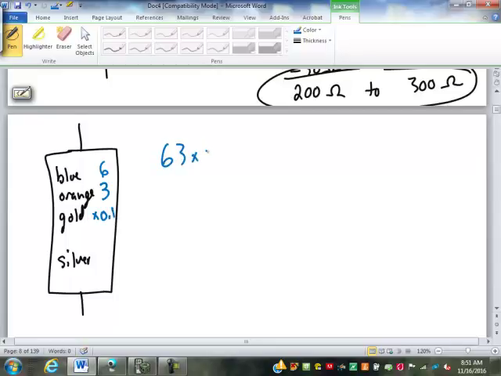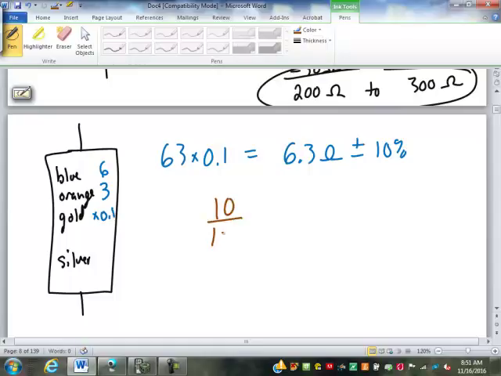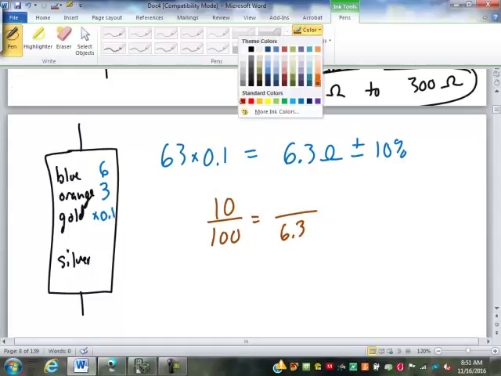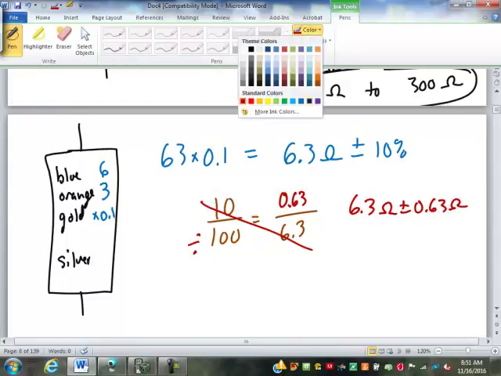So that's 63 times 0.1 or 6.3 ohms. Silver is plus or minus 10%. So we find the 10%. 10% is 10 out of 100. How much is that out of 6.3? To cross multiply and divide, we get 0.63. So that means this is 6.3 ohms plus or minus 0.63 ohms as an absolute allowance.